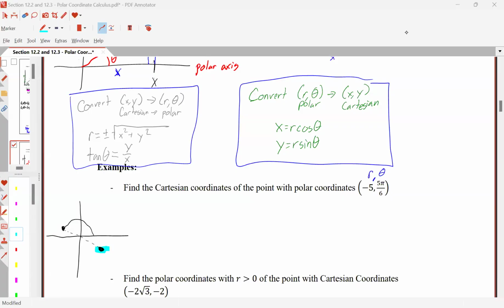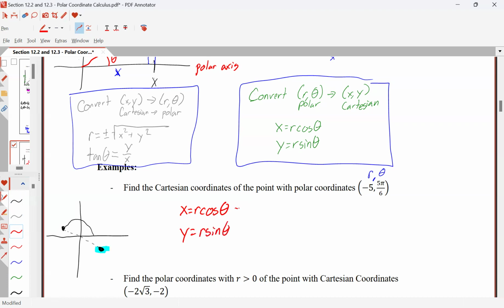Using our conversions from polar to Cartesian, we're going to use the equations x equals r cosine theta and y equals r sine theta. r is -5 and theta is 5 pi over 6.